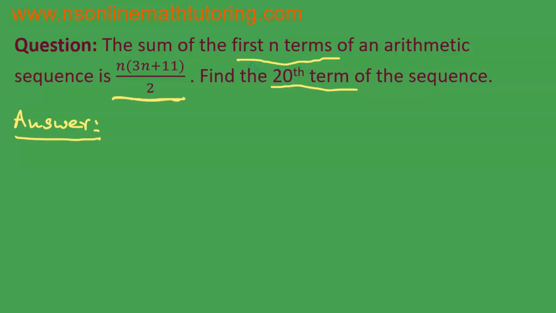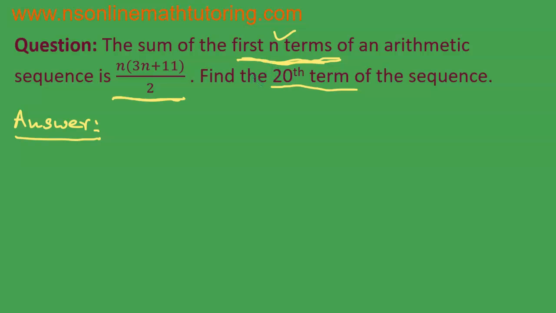Sum of the first n terms. That means n is a variable, n can have different values. N is the term number, or in this case of an arithmetic series, it represents the number of terms present in the finite arithmetic series. So the smallest value that n can take is equal to 1, obviously.